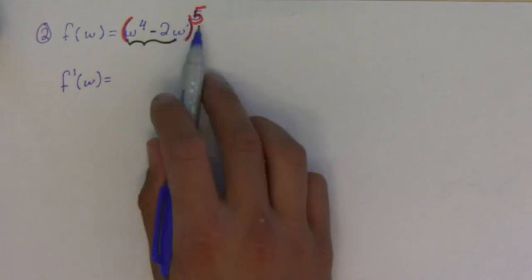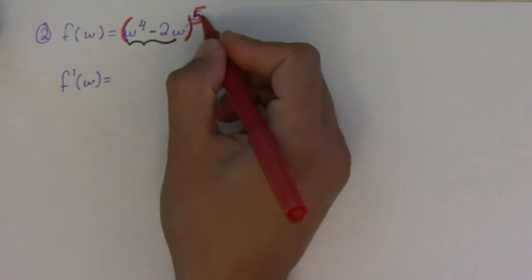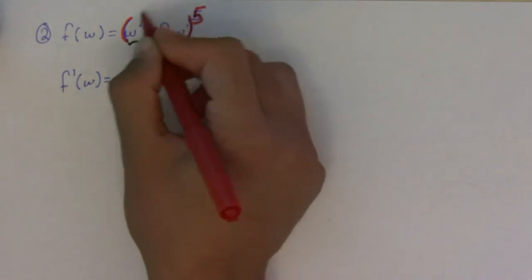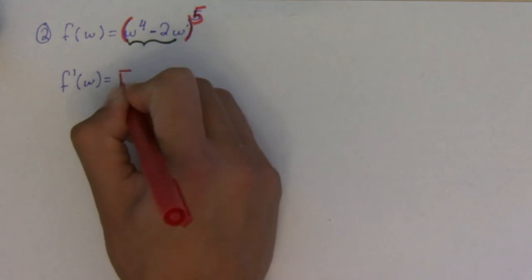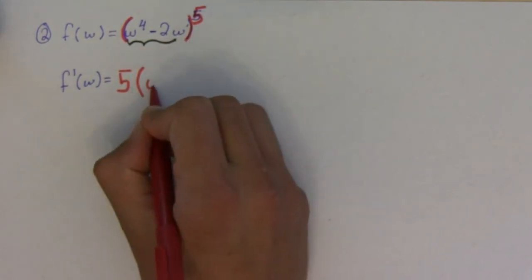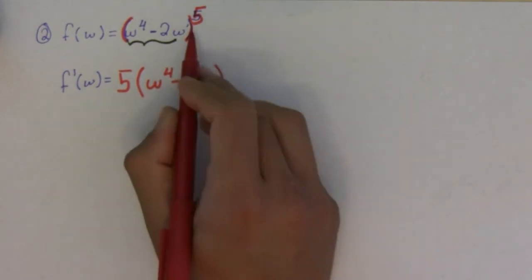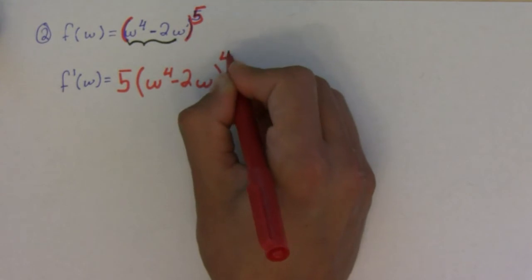remember first you get the derivative of the outside, which is the red one, so we're going to use the power rule. So we bring the 5 over, so we get 5, and then we leave the inside alone, so 5 times w to the 4th minus 2w. Subtract 1 from the exponent, we get 4.